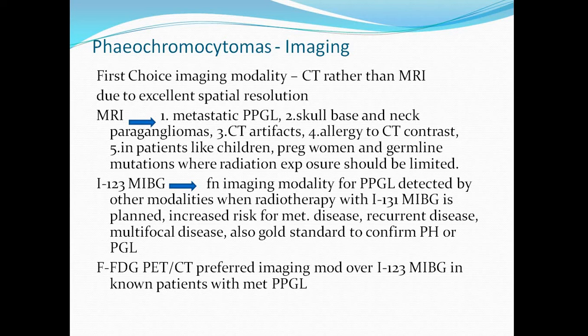It's a gold standard to confirm phaeochromocytoma or paraganglioma, but it is not usually done except for the indications which I've given. And in patients with metastatic PPGL, the preferred imaging modality is PET CT scan. So that should be in mind.